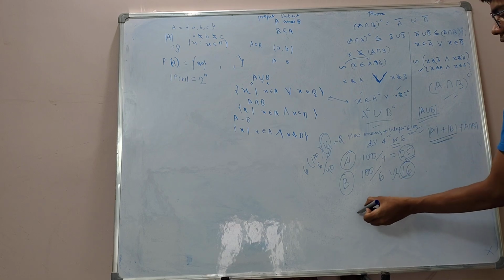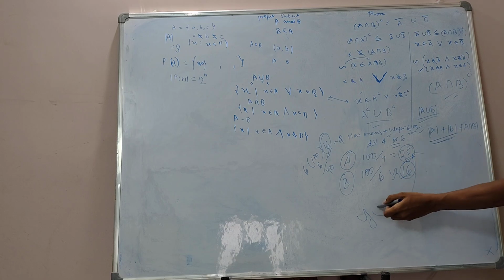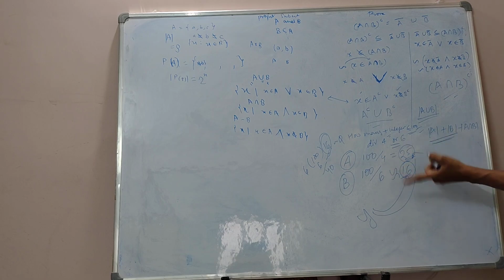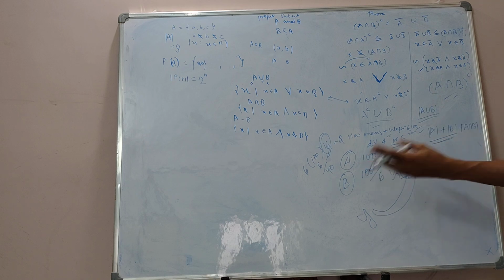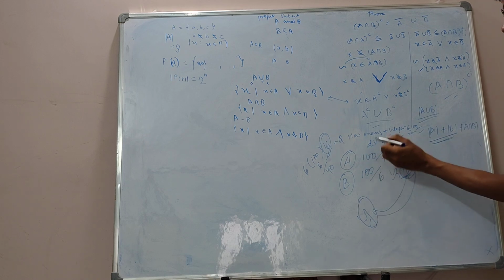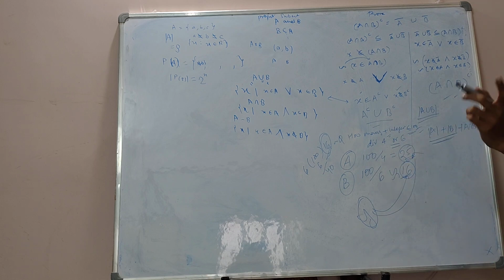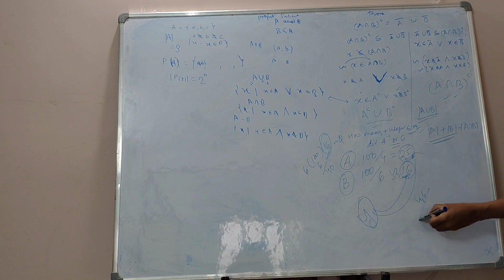Suppose there is a number y that is divisible by 4 and also divisible by 6. So this is added 2 times. So I have to remove this 1 time. So I will find those numbers which are divisible by both 4 and 6, and for the number divisible by both 4 and 6, I will take the LCM.